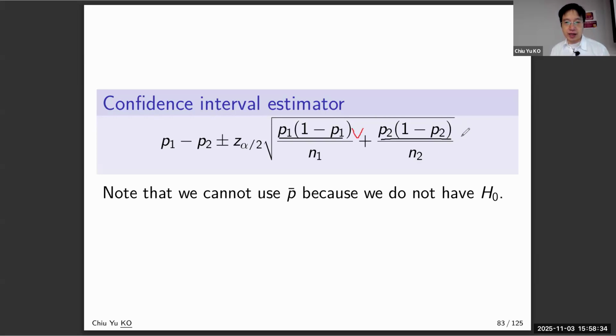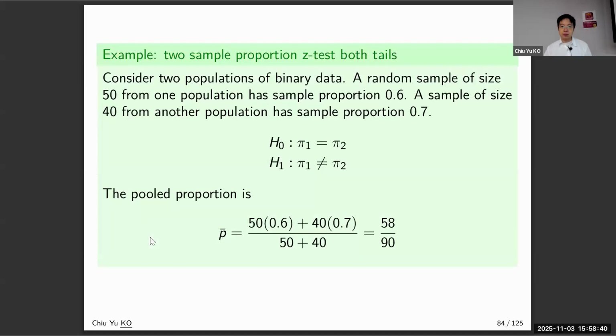Compared to the thing before. So let us see this example here. Once you know that, it should be obvious. We have two sets of binary data, yes/no questions. We have 50 people from one population with a sample proportion 0.6.